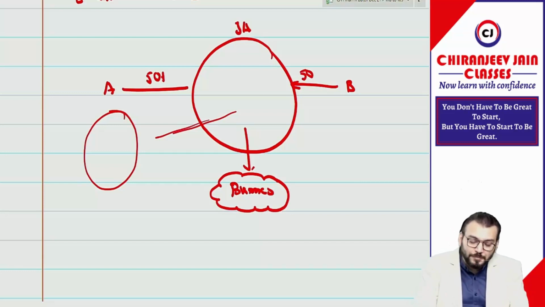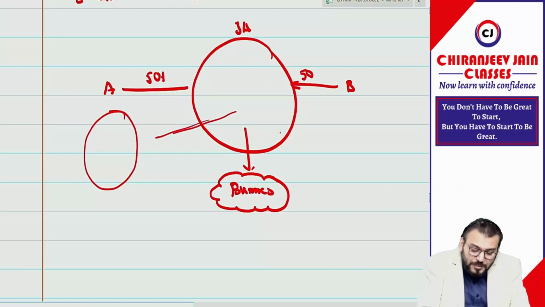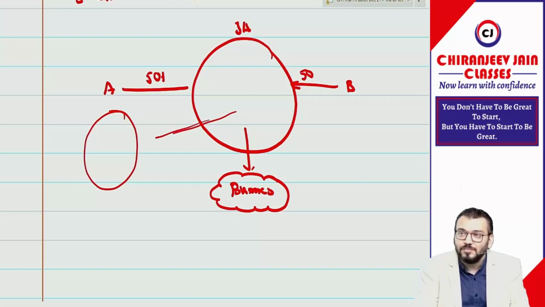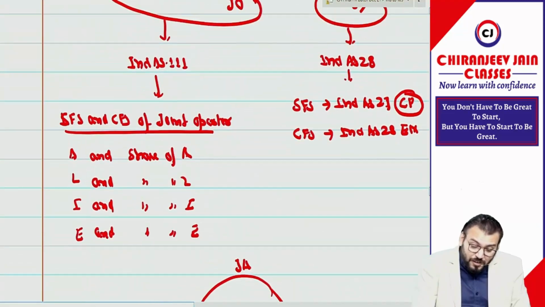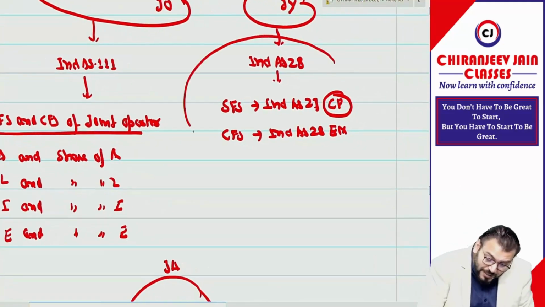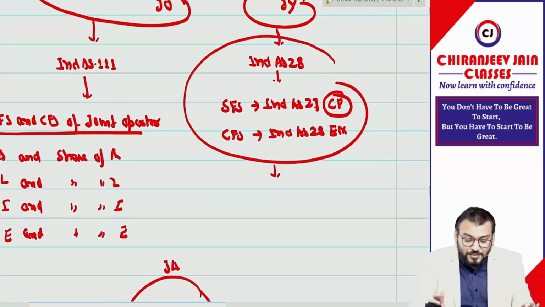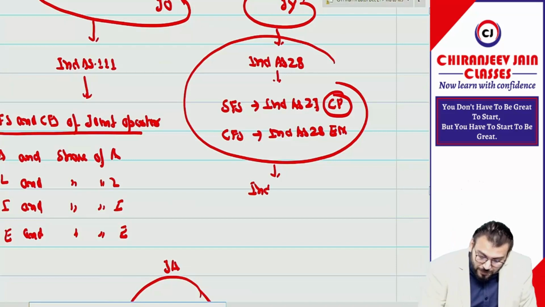The doubt will come that if it constitutes a business, whether Ind AS 103 will be applicable on the date of acquiring joint control. Means for formation of joint venture, Ind AS 103 is not applicable.